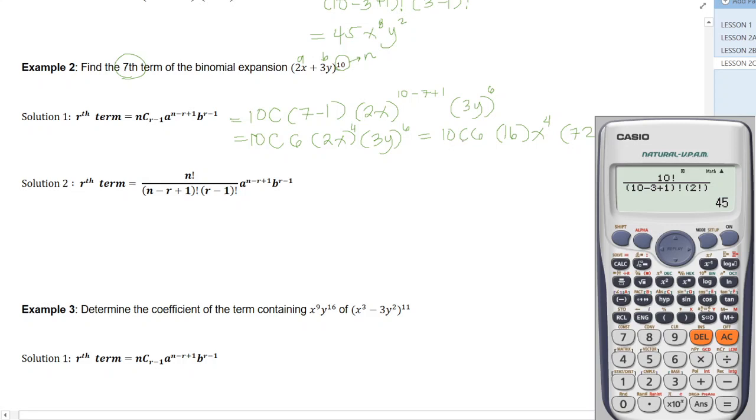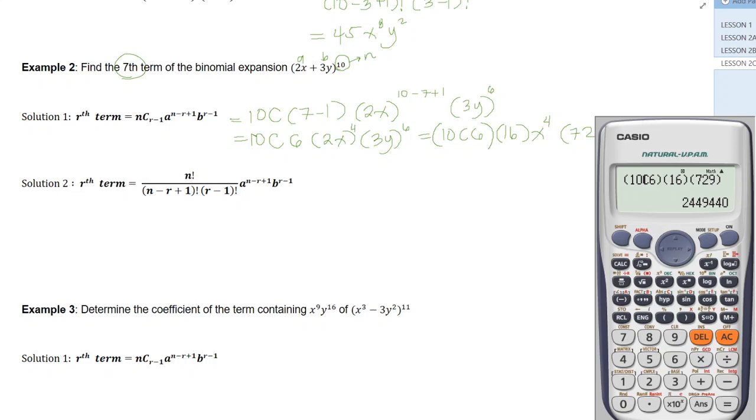So simplifying that further, we just have to press that one, so that we may be able to multiply your coefficients. So if that is your calculator, let us just have the parenthesis 10 shift combination of 6 multiplied by 16 multiplied by 729.